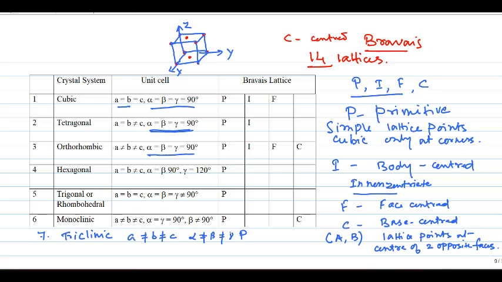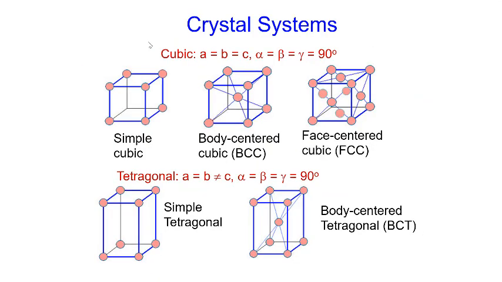I'll quickly show you the pictures of these. Starting with cubic, in the simple or primitive one, we have lattice points only at the corners, right? So that is what we call primitive or simple. Then we have body centered cubic or BCC, in which apart from the corners, you have a lattice point at the body center of this cell.